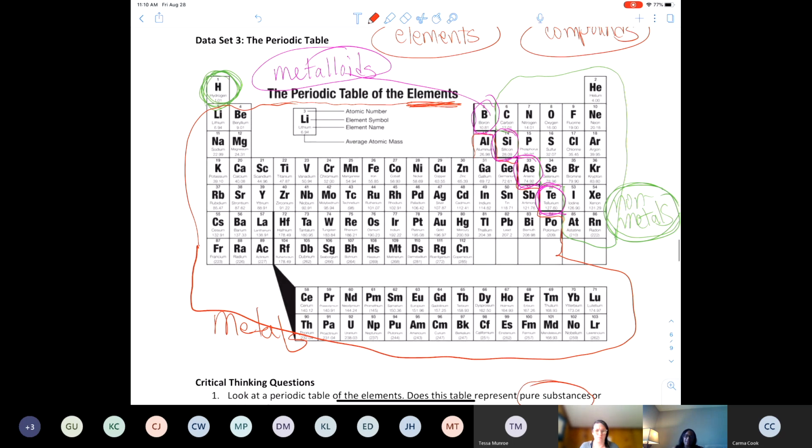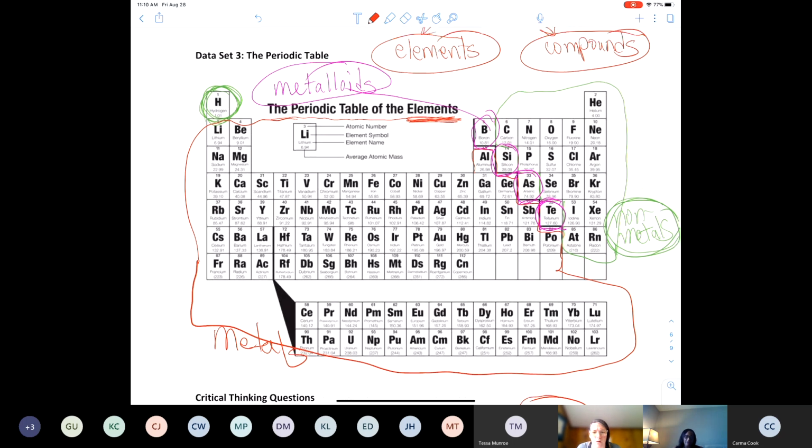And so to answer that question, now that we've kind of categorized the periodic table, where are the metals? The metals are on the major left-hand side, and also these guys here on the bottom. Those are also metals. Those are called your lanthanides and actinides metals.